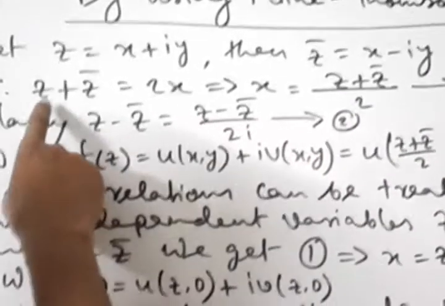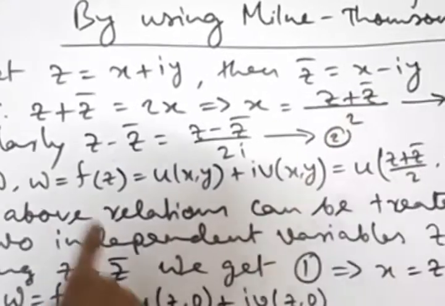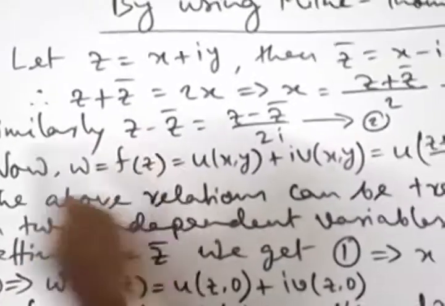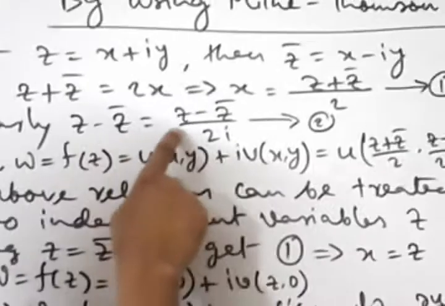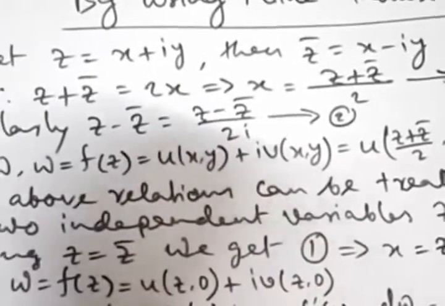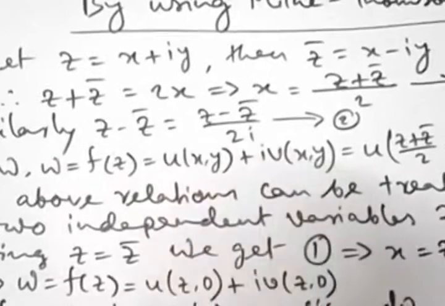So by adding z and z bar, we get x is equal to (z plus z bar) by 2. Similarly, by subtracting, we get y is equal to (z minus z bar) divided by 2i, which is equation number 2. Here i is the unit of imaginary number.